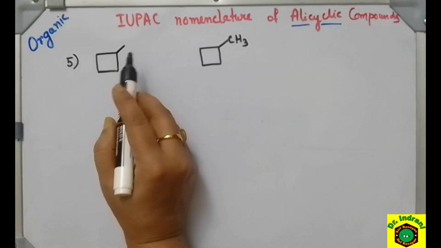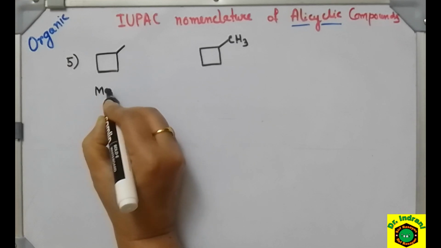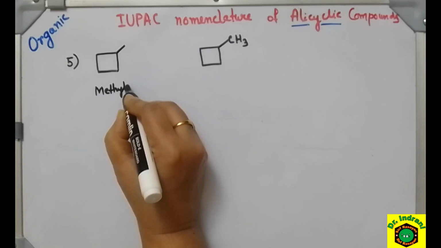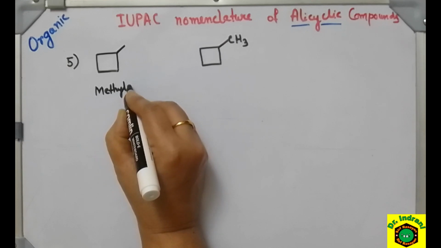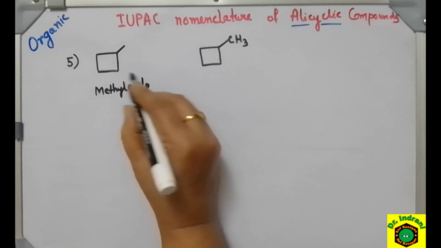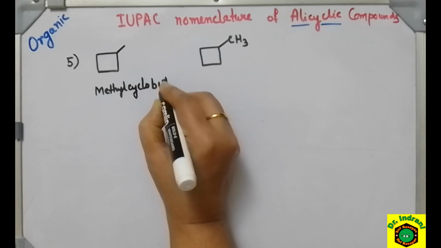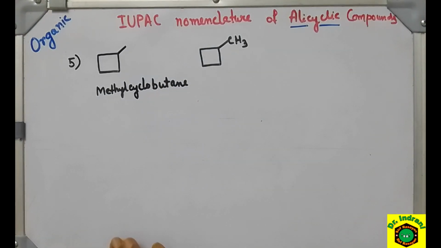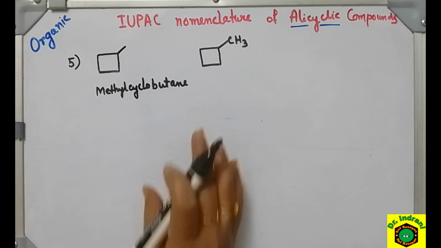The name of this compound is methyl, meaning substituent, which is the secondary prefix, then primary prefix cyclo, word root but for the 4-membered ring, and then primary suffix ane. So methylcyclobutane, position doesn't need to be mentioned.